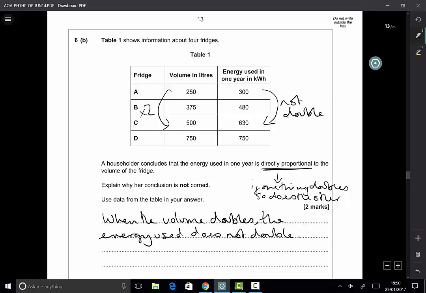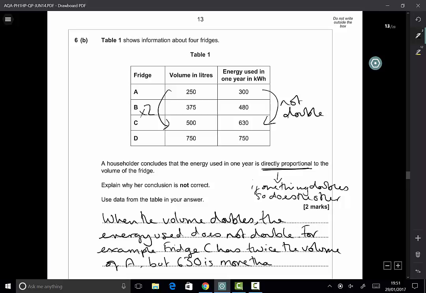And it says to use data in my answer. So, for example, fridge C has twice the volume of A, but 630 is more than double 300.